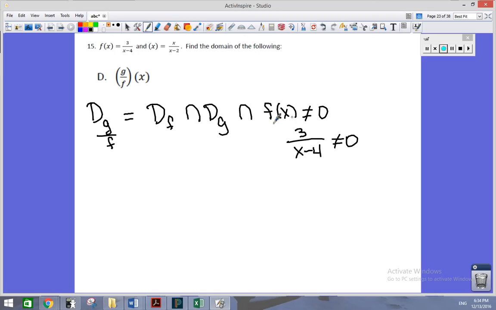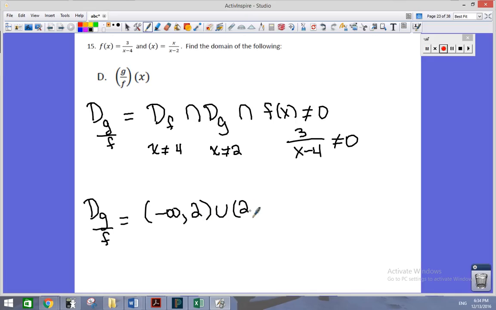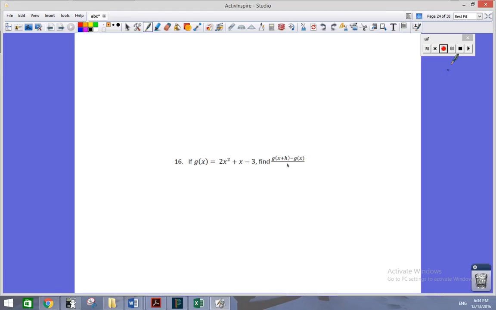I don't have any other restriction to add, so this is just the domain of f intersected with the domain of g. The domain of f excluded 4. The domain of g excluded 2. So my domain of g divided by f is from negative infinity to 2, from 2 to 4, and from 4 to positive infinity. All right, hope that helps.